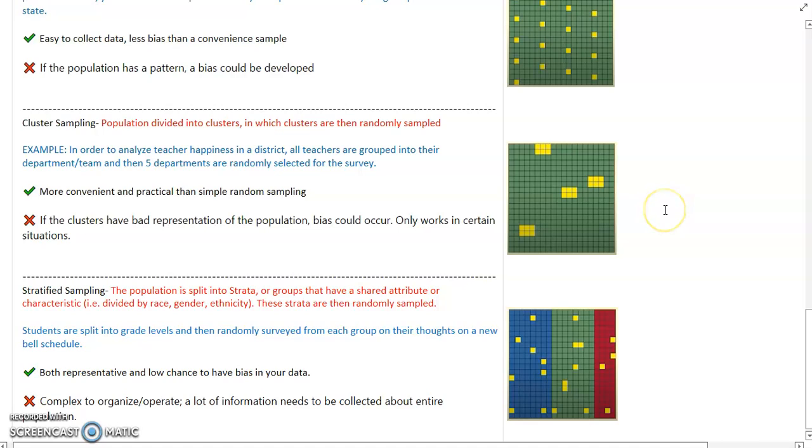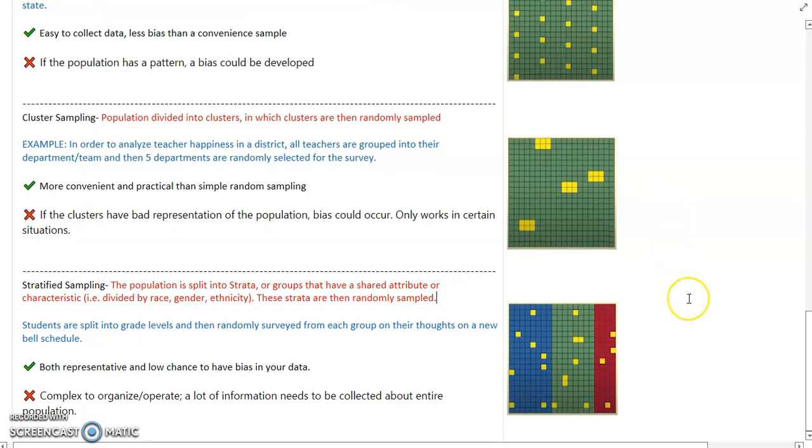You have cluster sampling, which is semi-common, especially when you have groups of people that are in already made clusters. For example, students are separated into clusters of grades. So if we wanted to survey the students at Happer Horsham, as some of you mentioned in class discussions prior, you could just survey some from 9th, some from 10th, some from 11th, some from 12th, and that is cluster sampling.